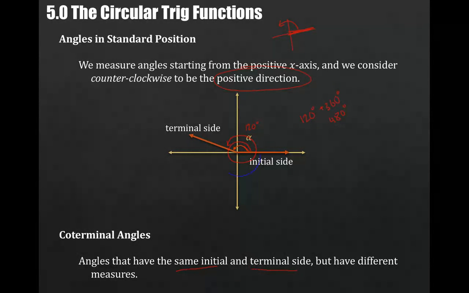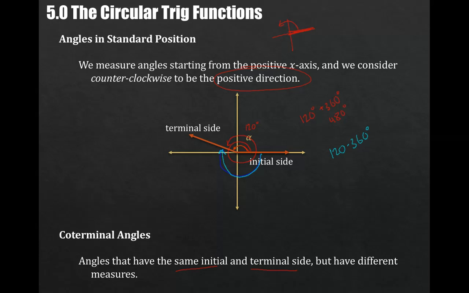I also could have potentially gone clockwise. Ooh, I don't like that color one bit. It wasn't what I thought it was going to be. I think this is going to be better. I could have gone this way, right? That's really 120 minus 360.